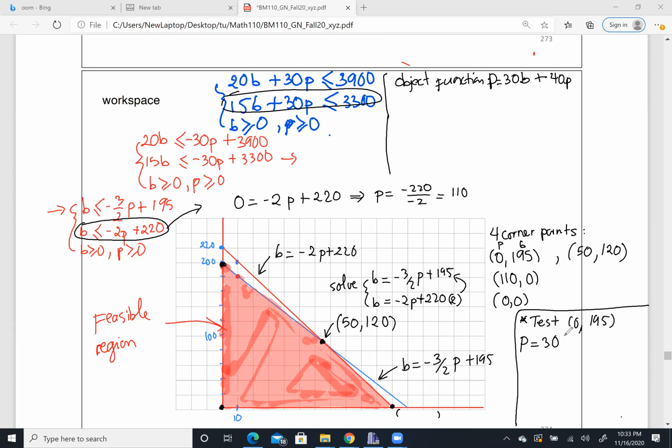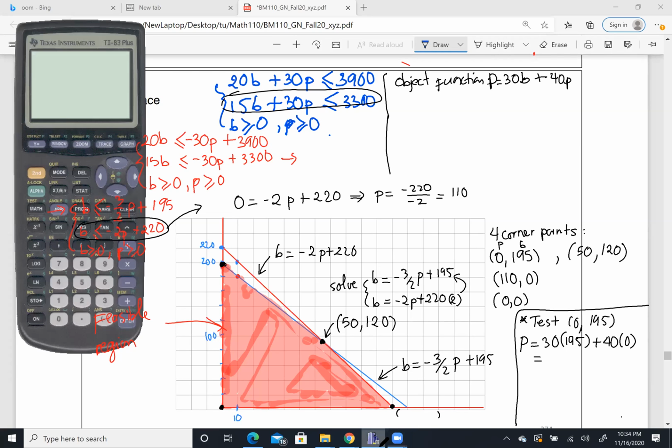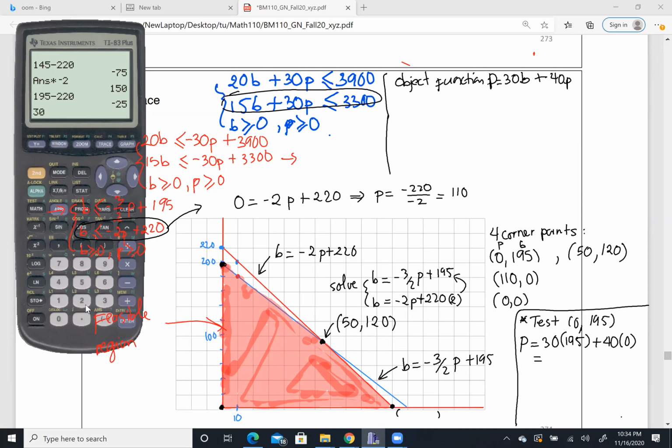So 30 times 195 plus 40 times 0. So I will have p equal to 30 times 195.